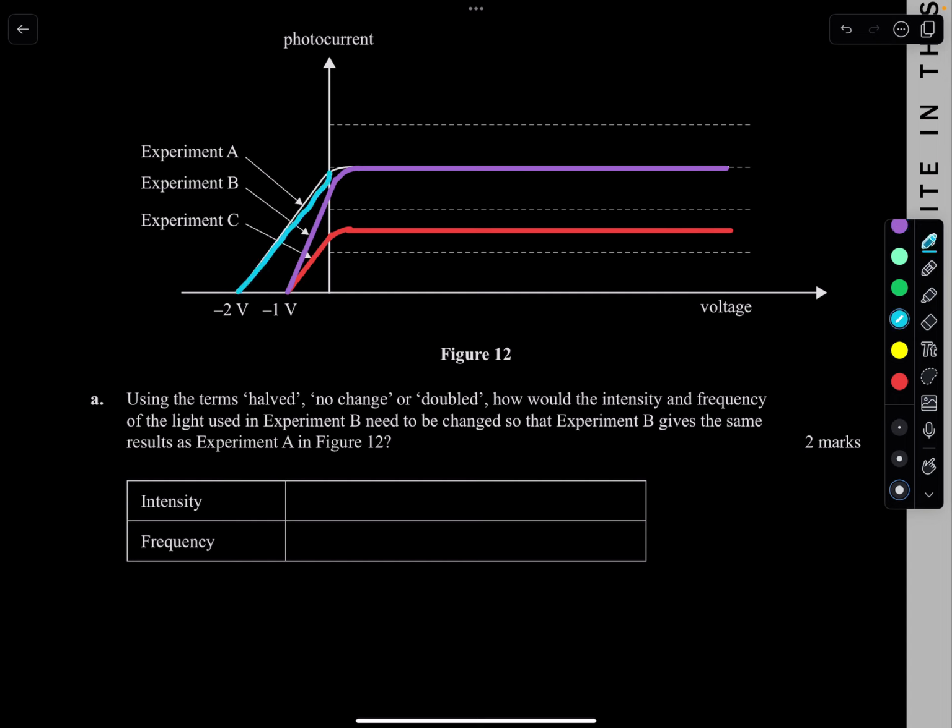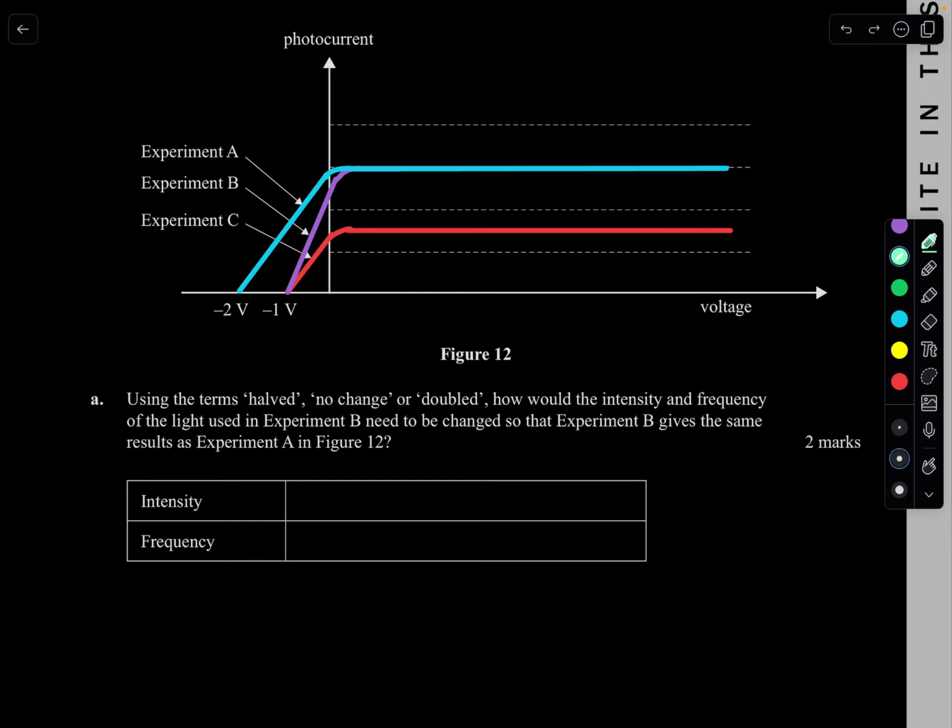So we're going from experiment B, which is the purple, to experiment A. We can see that the photocurrent is the same, meaning there's no change in intensity.